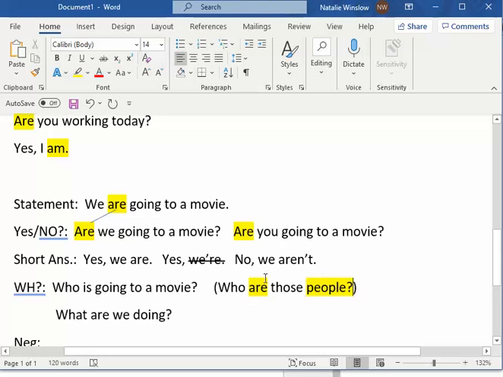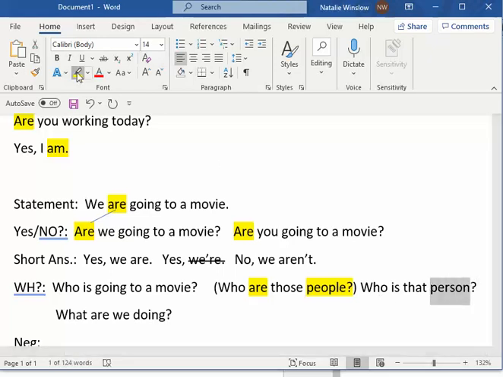Just so you know, if there's a plural noun that comes after it, then the verb will be plural. Who are those people? If it was just one person, who is that person? Because person is singular, the verb would be singular.